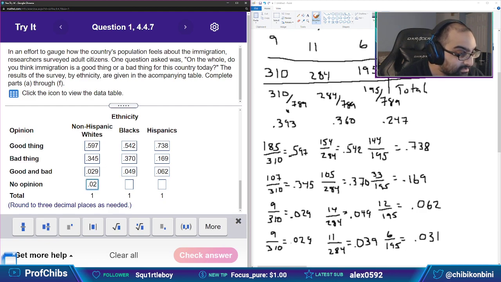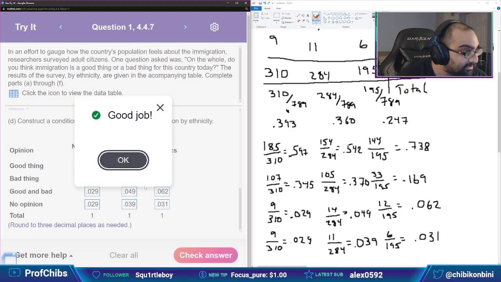So these are all the answers that we should have here. Again, if you add them together, you will get 1 for each individual column. Let's check it and see if we got it. And we did. Great.